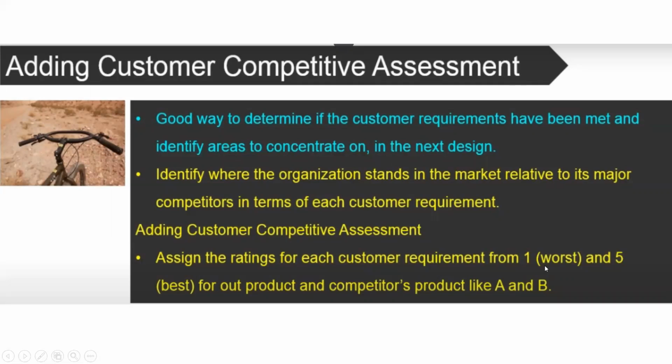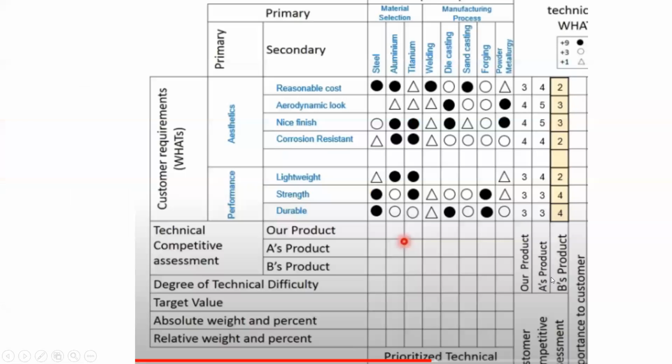We put 1 as the worst, 5 as the best for the rating, and also competitors A and B. Compare ours and others based on our experience and observation.